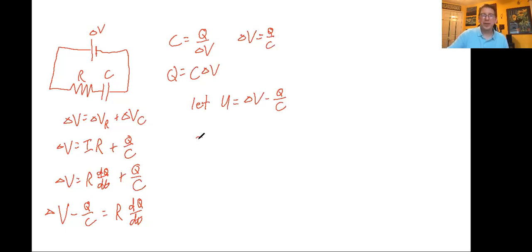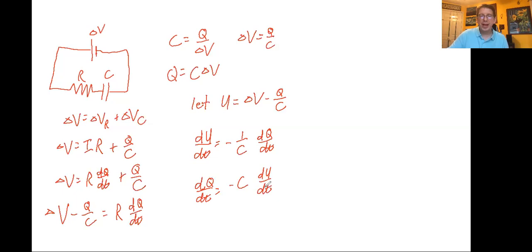The differential of U with respect to time: it's a DC circuit, so the voltage across the power supply is not changing. So d over dt becomes minus 1 over C times dQ over dt. So you can write dQ over dt as being equal to negative C dU over dt.